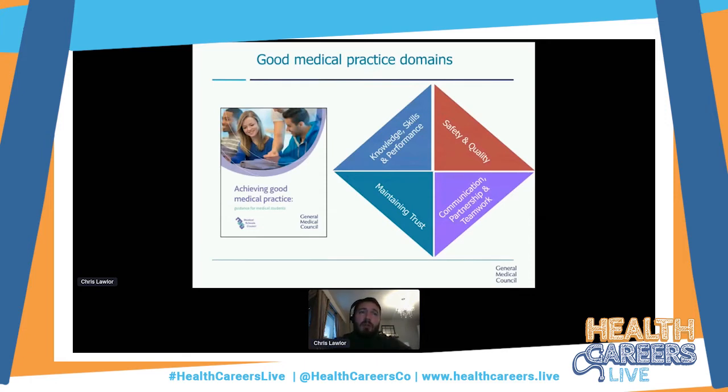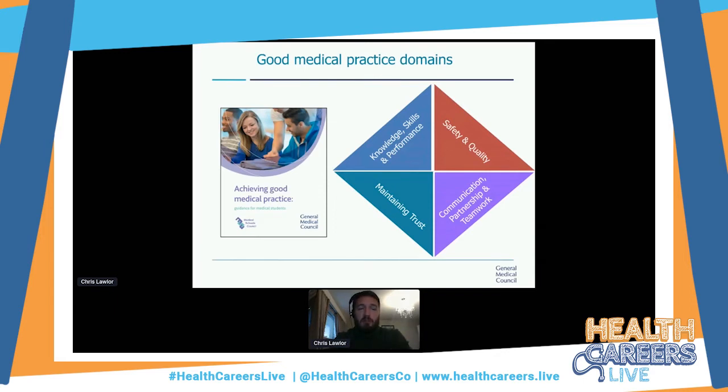And what we do is we break achieving good medical practice down into the 4 key domains that we've got on the right hand side of the slide there. And these are the exact 4 domains that are within Good Medical Practice. So first and foremost, as you would expect, we've got knowledge, skills and performance.